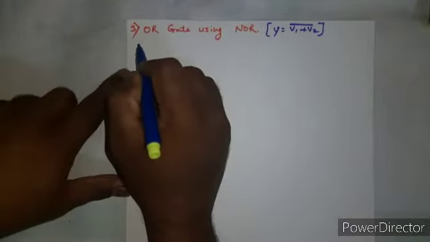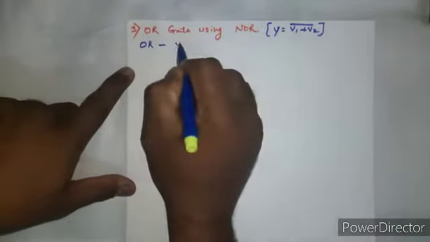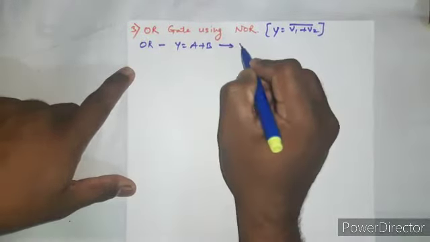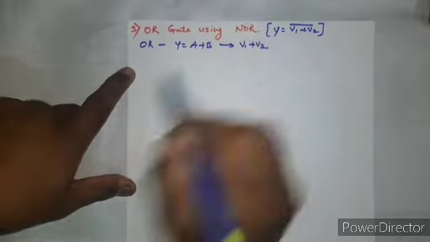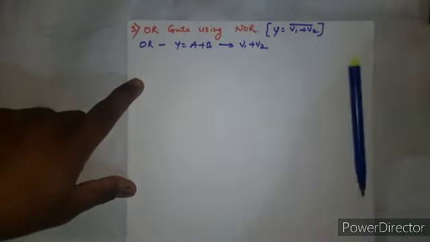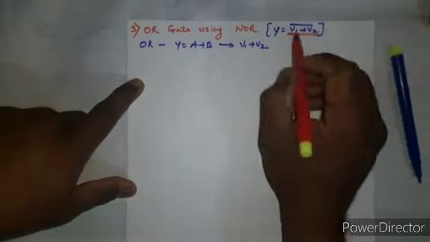What is the equation for the OR gate? Y equal to A plus B, which is in the form of variable 1 plus variable 2. So half the part is already done: variable 1 plus variable 2.